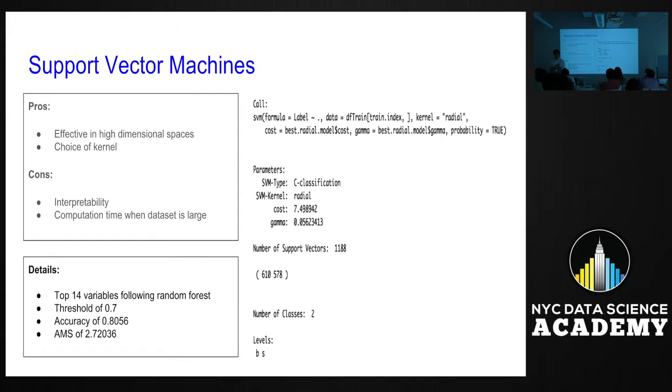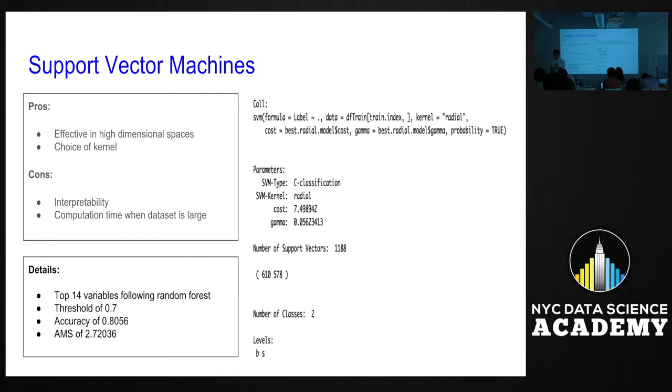So we chose a radial kernel for SVM. And then just some pros and cons about SVM. It's a good choice for being effective in high dimensional spaces, and also the choice of kernel gives you the flexibility depending on the problem.